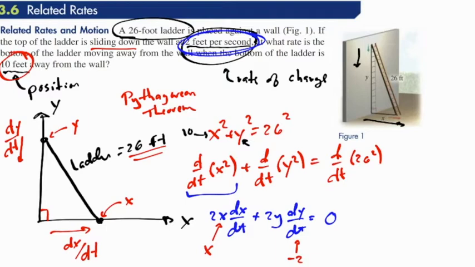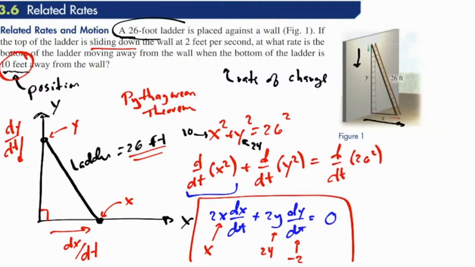So 10 squared plus y squared equals 26 squared, and you should find that y is 24. So we're going to plug 24 into y. If you look at this related rates problem, we know everything except dx dt, and that is what the problem is asking for.